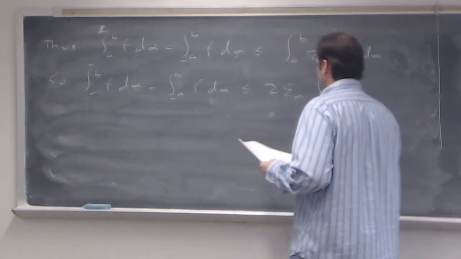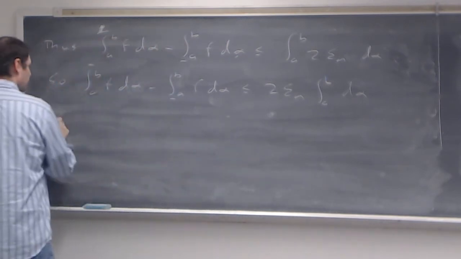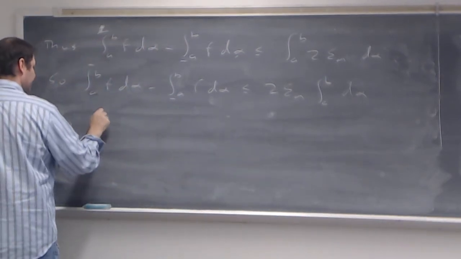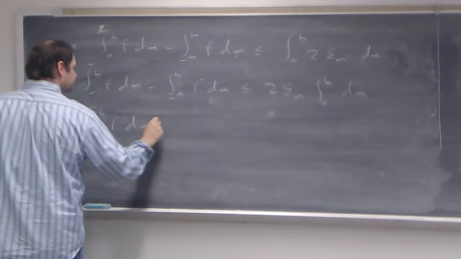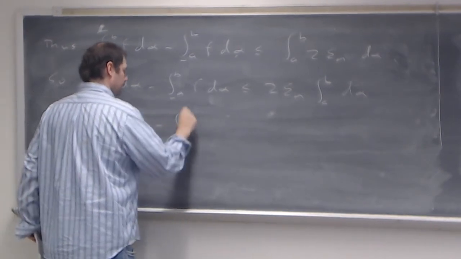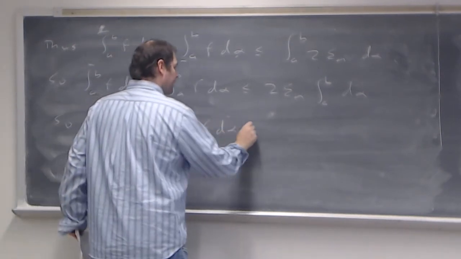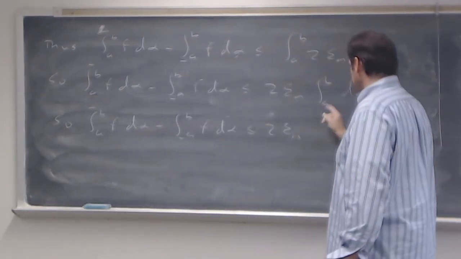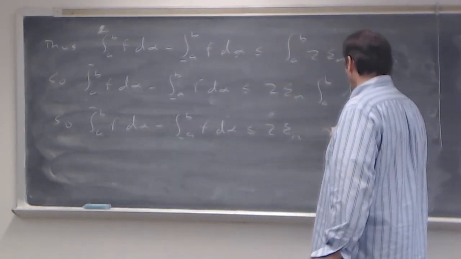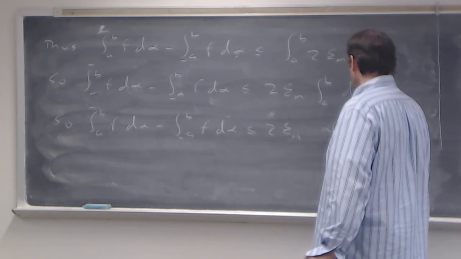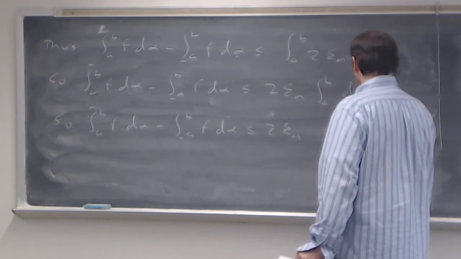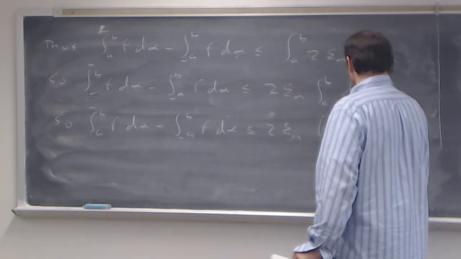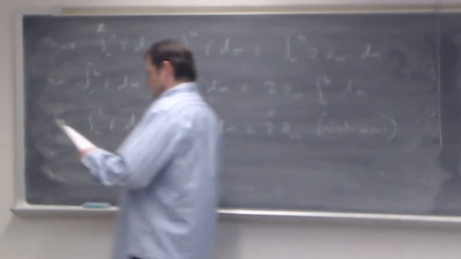Now I just get d alpha here. And so what that yields is that the difference between these two integrals is less than or equal to 2 times epsilon sub n times, here, this is nothing more than alpha of b minus alpha of a.